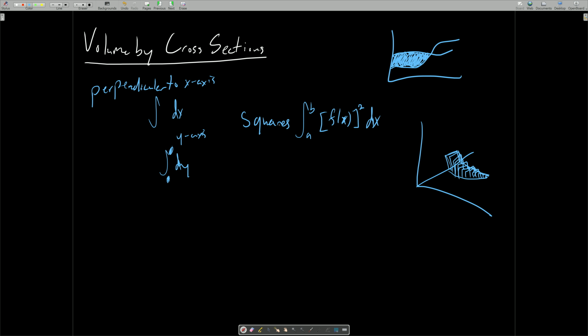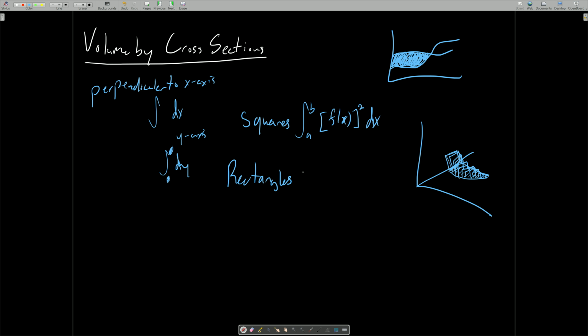That makes sense, because a square is squared, and you're taking this for each infinitely small slice, you're taking a square. So that's what that squared is doing. It's doing it over and over again. So I get the volume of all of these little squares combined, and then you get your volume.